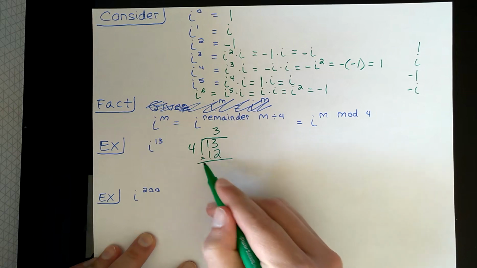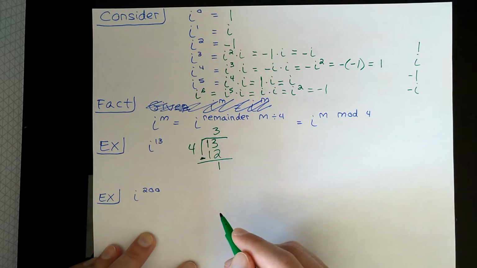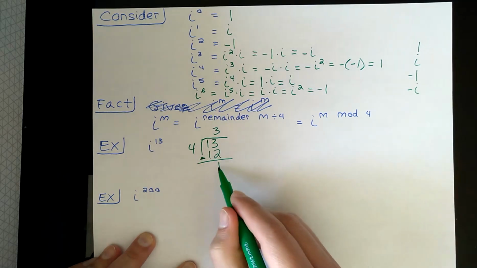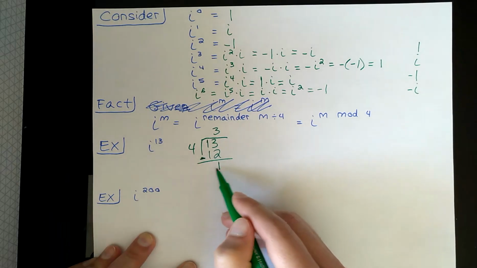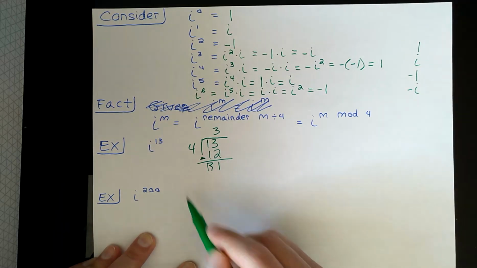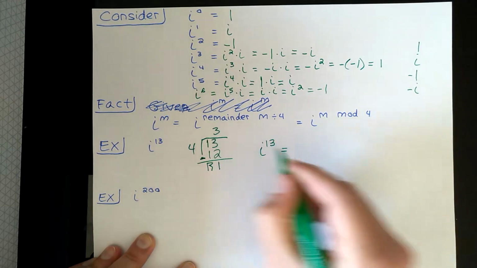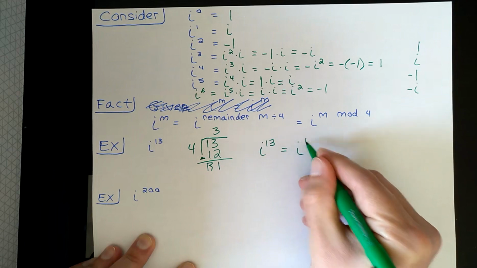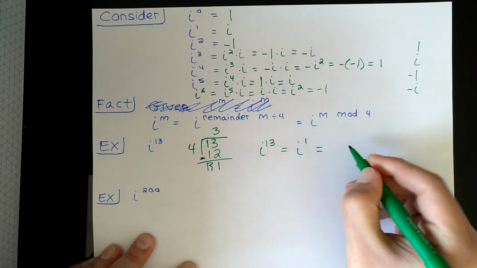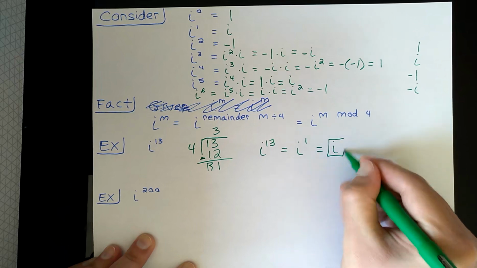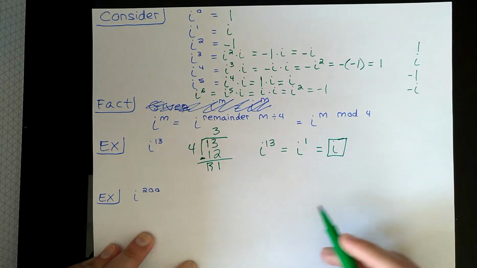When we subtract, 13 minus 12 leaves us with 1. 4 does not go into 1, and there's not a number to bring down, so this is our remainder. So i to the 13th power by this fact is equal to i to the first power, which we know is just i. i to the 13th power is the same thing as i.